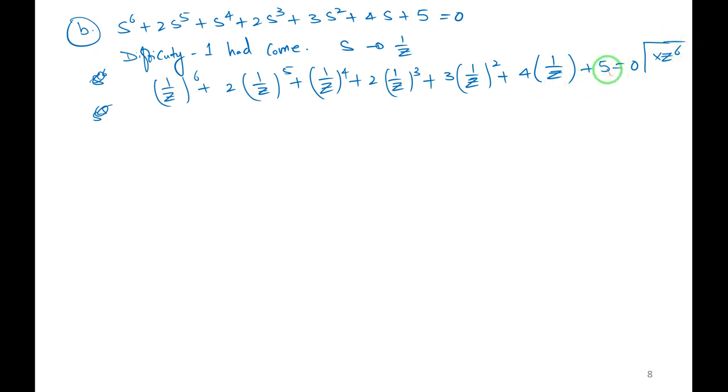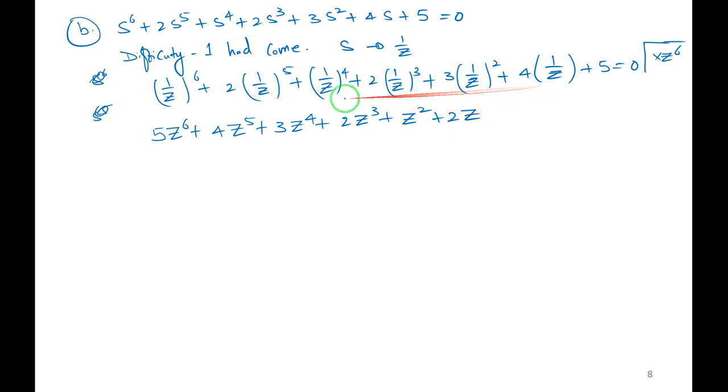I will be multiplying like this, starting from the last term: 5z^6 + 4z^5 + 3z^4 + 2z^3 + z^2 + 2z + 1 = 0.